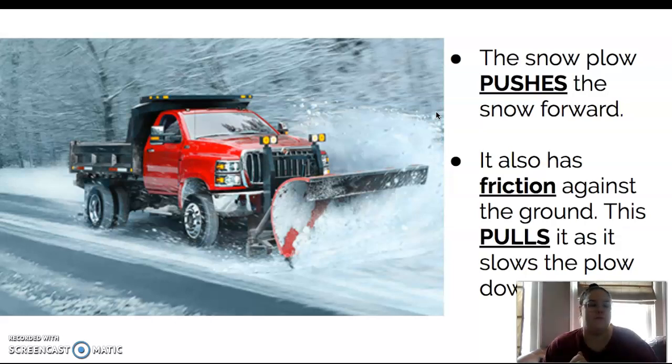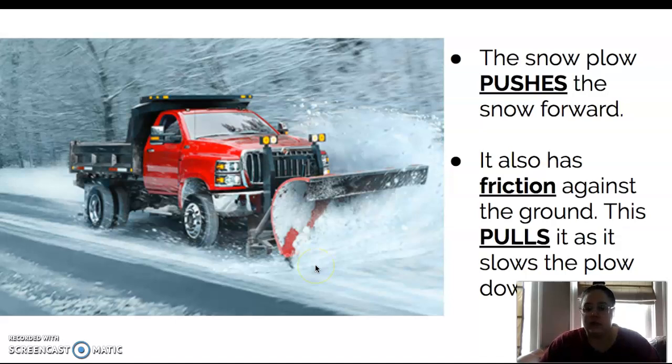This snowplow gives examples of both pushes and pulls, so let's talk about that. The plow is pushing the snow forward. As you can see, based on our reference points here, this car is moving this way. So this snow is being pushed forward, but it also has friction against the ground. As you can see right here, and you can hear it when the plows are outside, the bottom of the plow is going against the road.